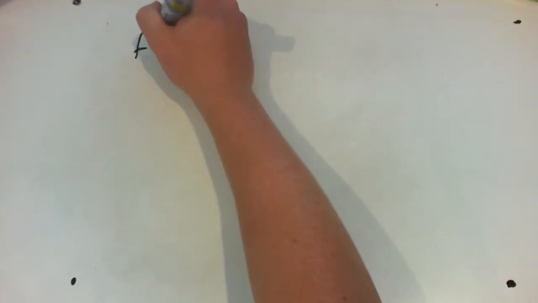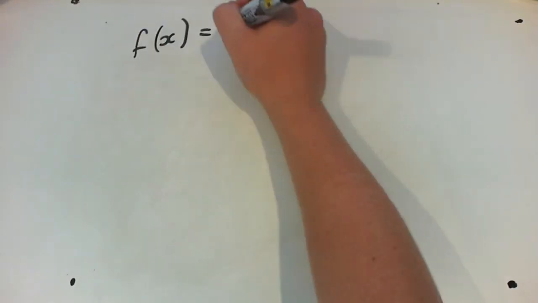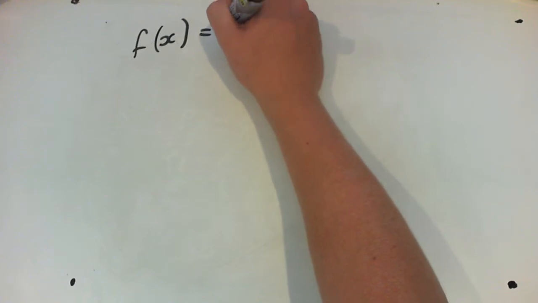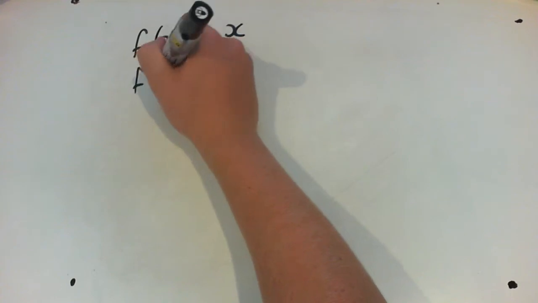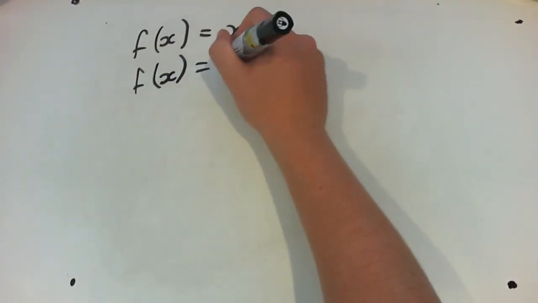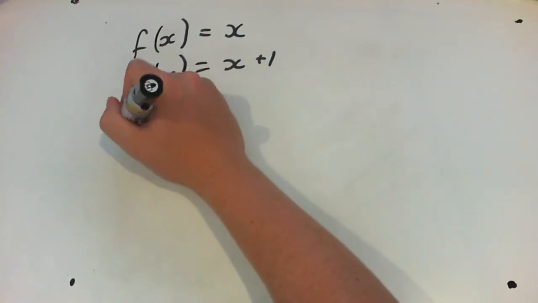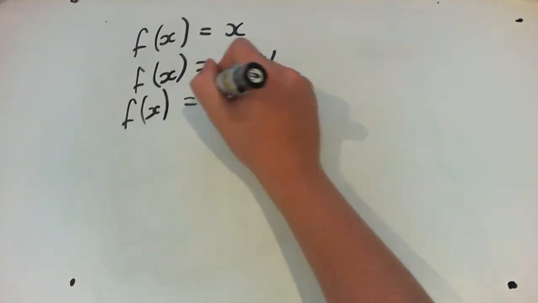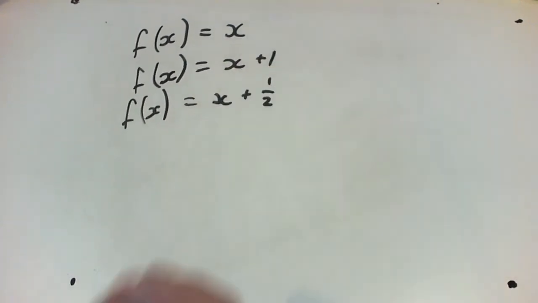So, if we think about this, a function can be anything as long as it manipulates a number and uses this variable. F of x equals x. That's a function, right? And this is also a function. And this is also a function.